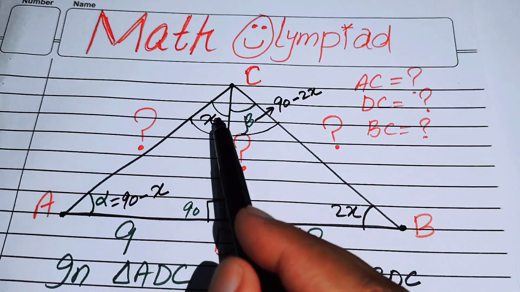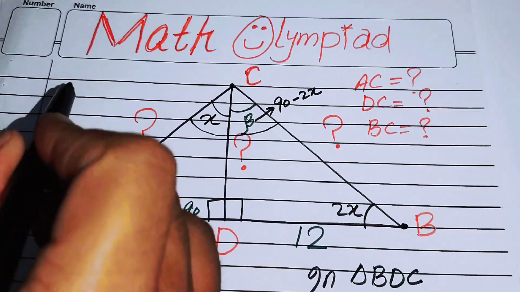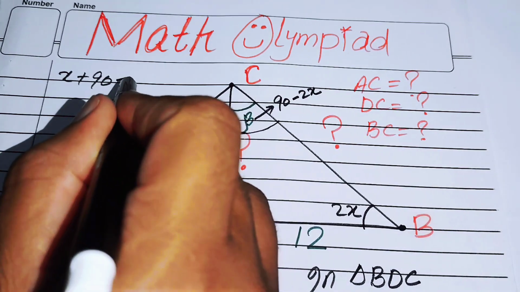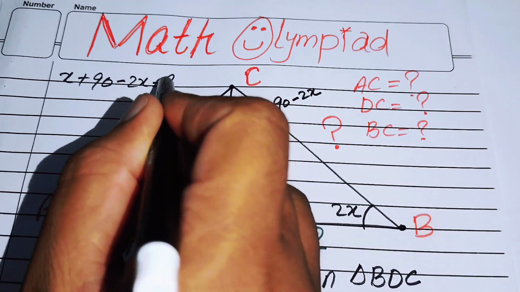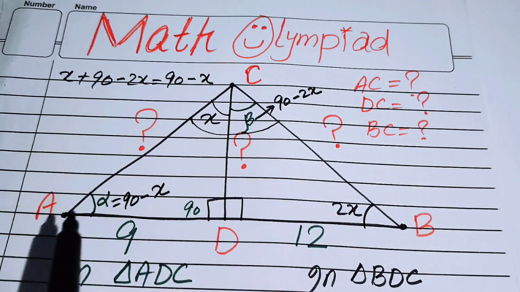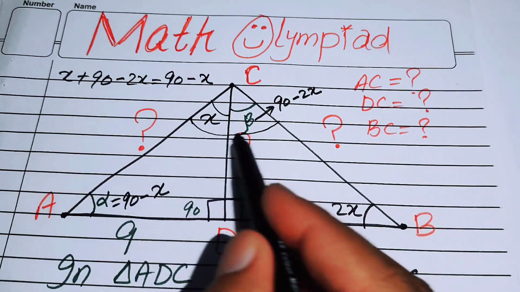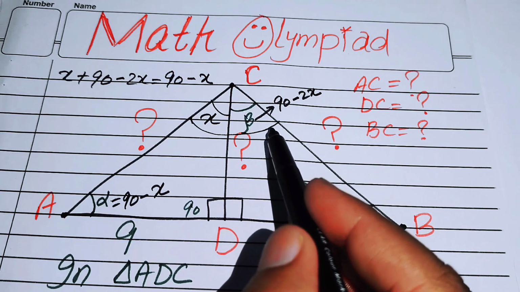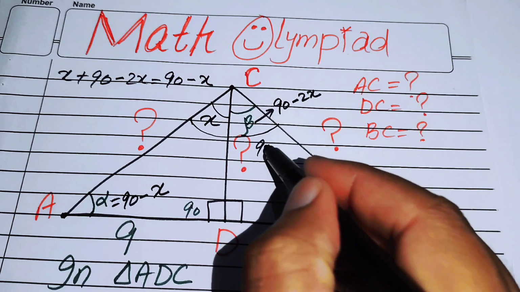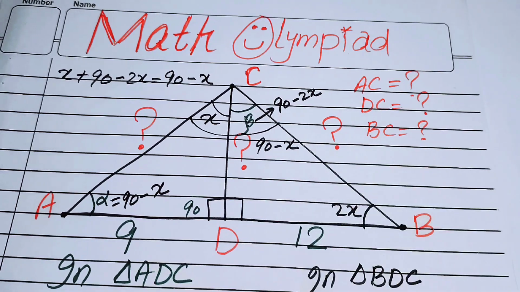When we combine these two angles, you get x plus 90 minus 2x, which is equal to 90 minus x. So if you combine these two angles, or find the angle at C, the value is 90 minus x.